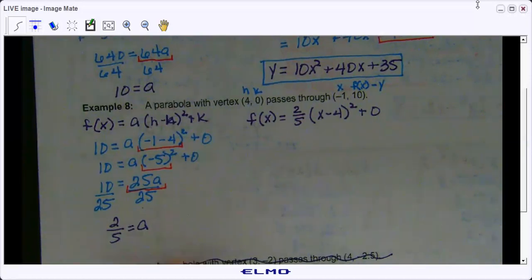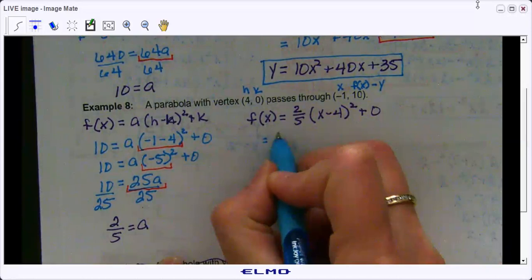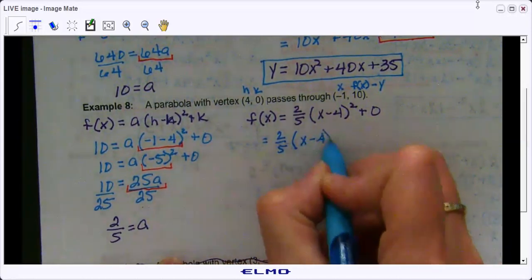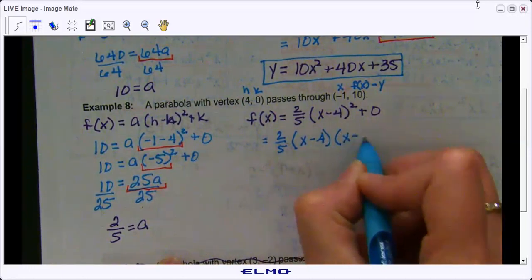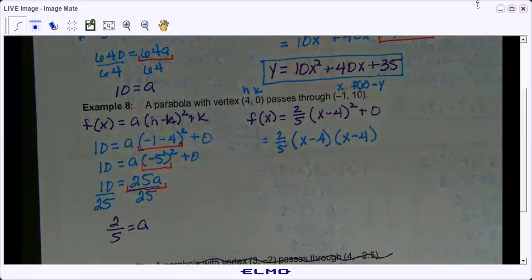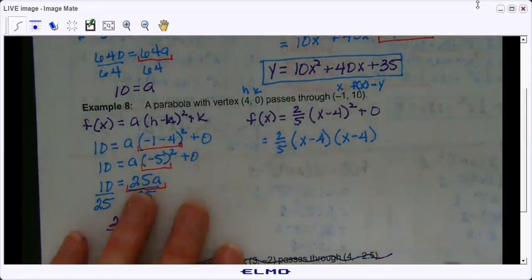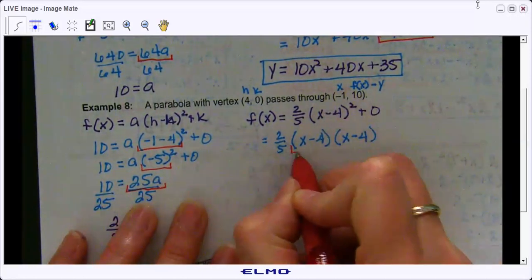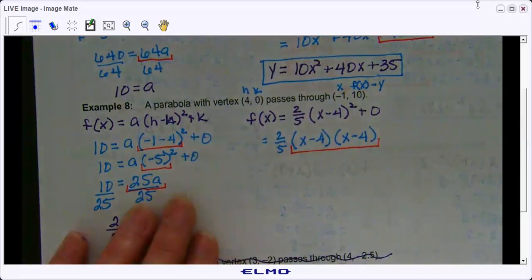So we're going to have 2/5 times x minus 4 times x minus 4. We don't really need that plus 0, so I'm going to eliminate that. I'm going to distribute my binomials.